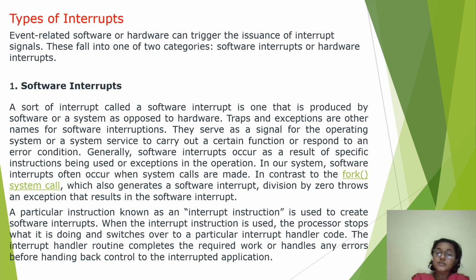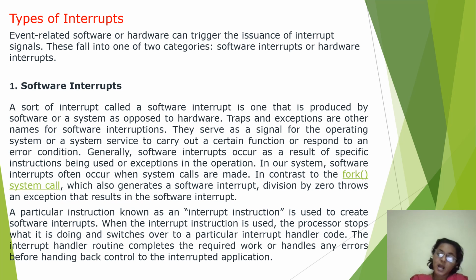Traps and exceptions are other names for software interrupts. They serve as a signal for the operating system or a system service to carry out a certain function or respond to an error condition.